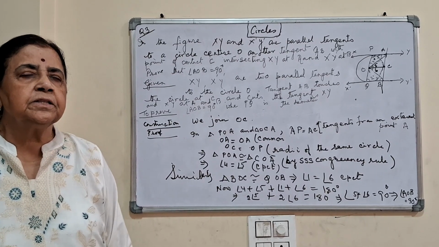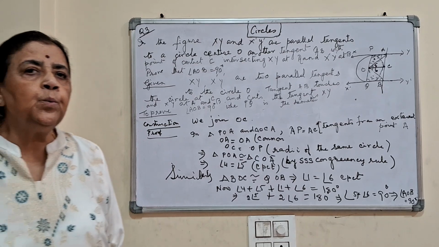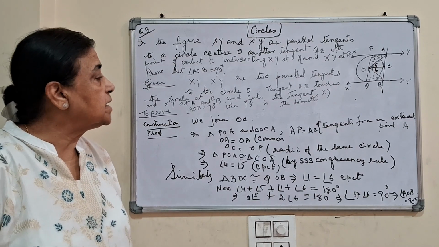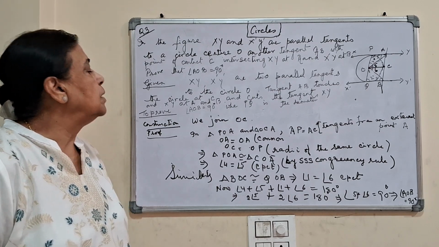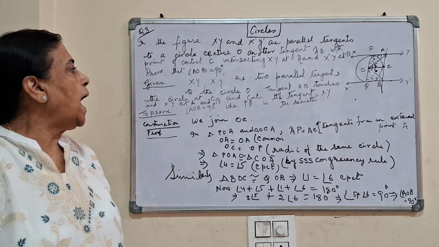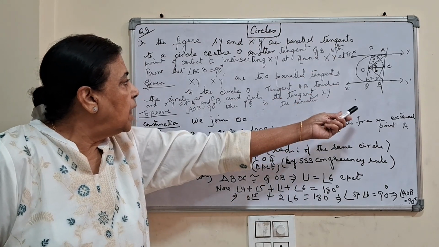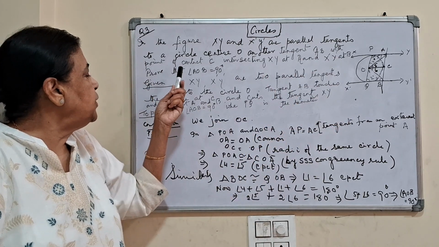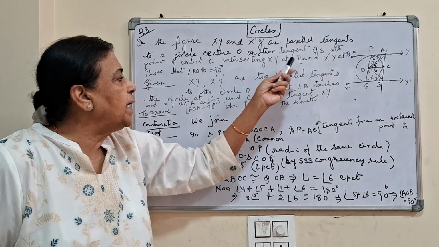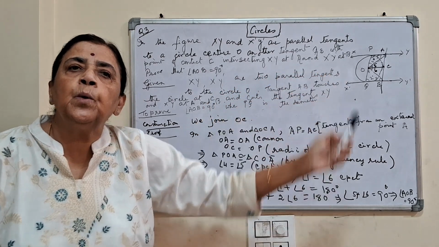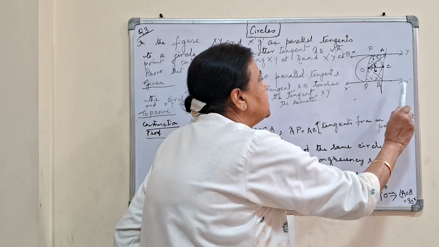Sums on circles, that is question number 3. In the figure, XY and X'Y' are parallel tangents to a circle with center O, and another tangent AB with the point of contact C intersects XY at A and X'Y' at B. That means these are the two parallel tangents.